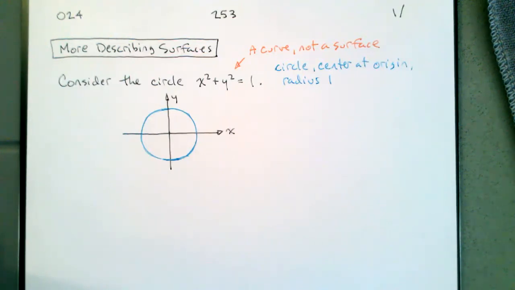What we notice here is that when we draw this circle, we cannot write y as a function of x, and we can't solve for x as a function of y. So we can't write this circle as a function.